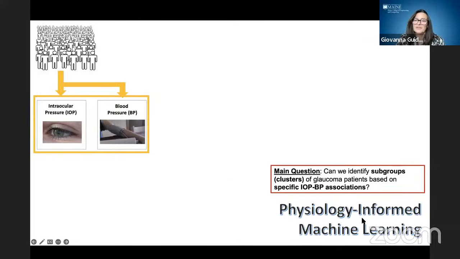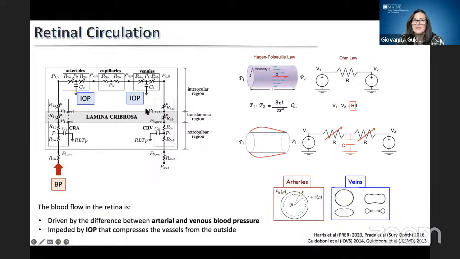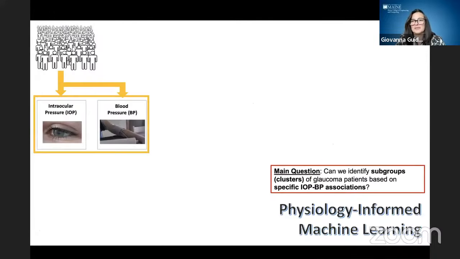And so in order to do that, we will actually combine the mechanistic model that I showed you here with machine learning. And in particular, we will use for each individual the values of blood pressure and IOP to predict the blood flow and the distribution of pressures and volumes through the system.